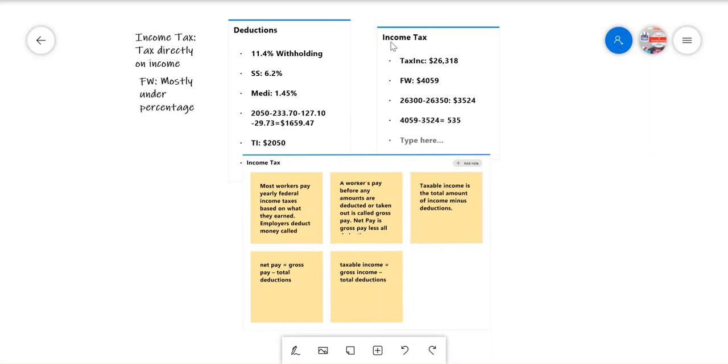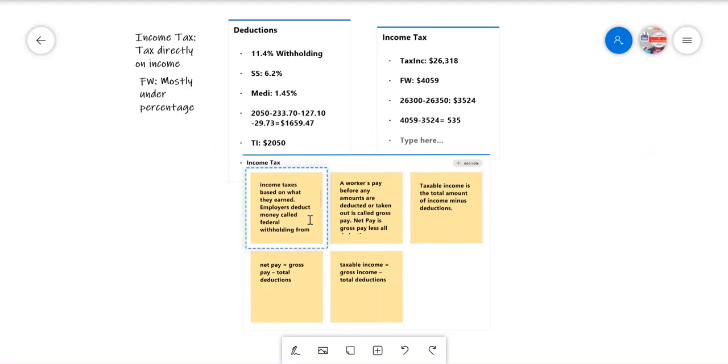Now, for income tax, this is actually really different from sales tax because it's not so straightforward. Let me explain by a problem. But first, to help us understand income tax and deductions, I will read this out to you. Most workers pay yearly federal income taxes based on what they earn.